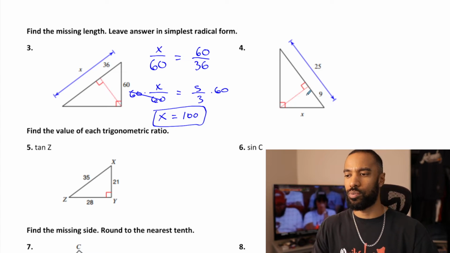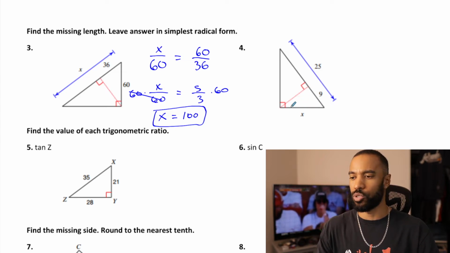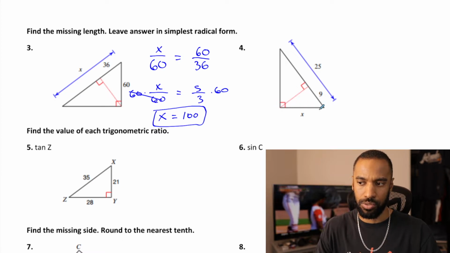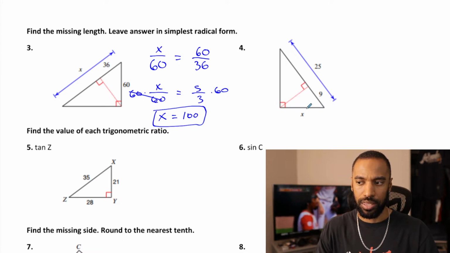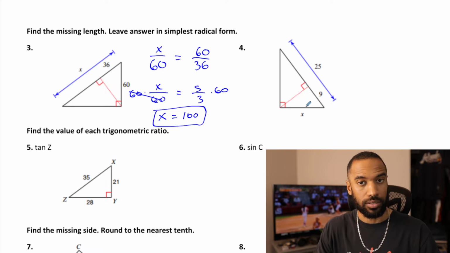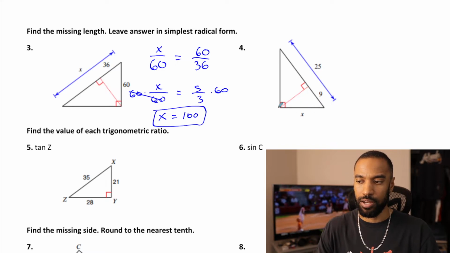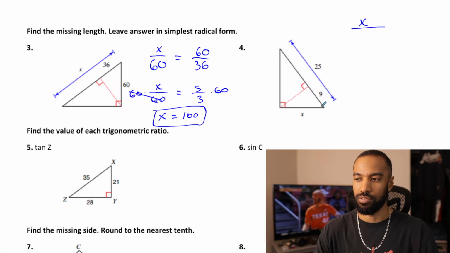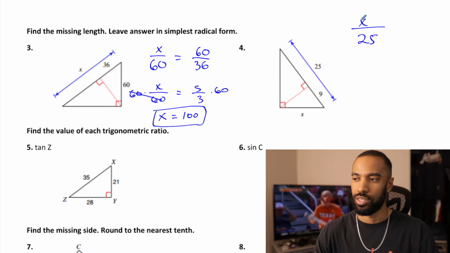Okay, and the last one right here, x, once again what we're trying to solve for, represents two things. It represents the hypotenuse of the small triangle and the short leg of the big triangle. So the hypotenuse of the small, and we also happen to have the hypotenuse of the big in 25. They correspond.